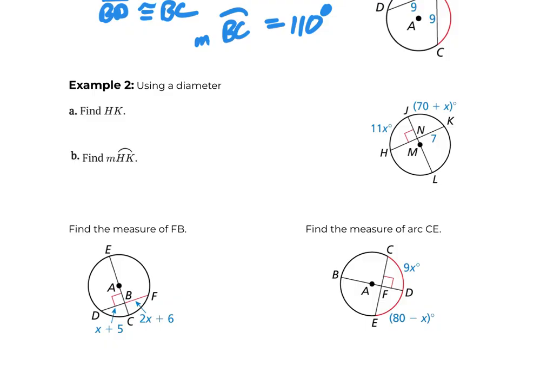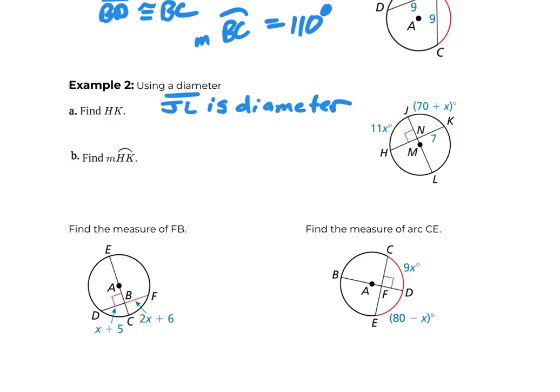There you go. Okay, right here. It has to go through the center. HK is not a diameter. That is just what we call a chord. That's really, really important. Sometimes maybe they're both diameters, but in this case, the only diameter is JL. So I'm going to identify that JL is the diameter, just so we know which segment is the diameter.